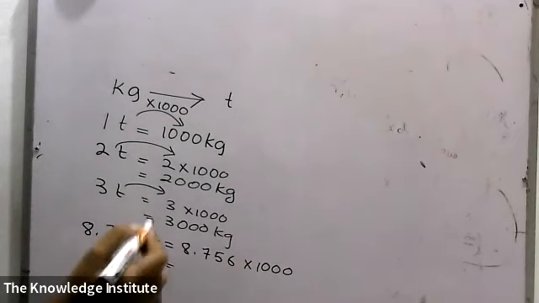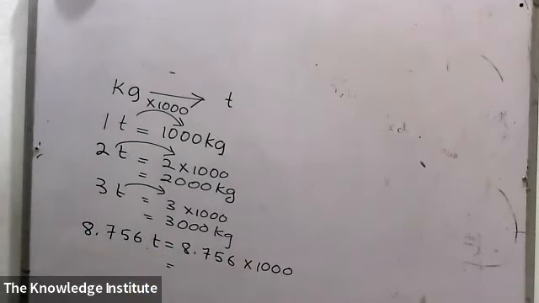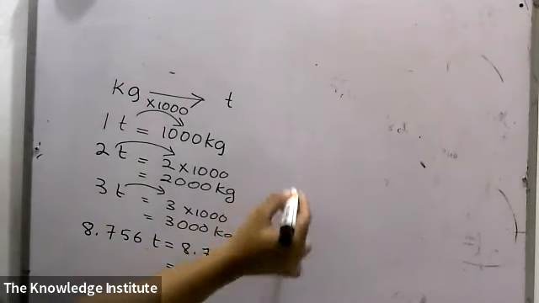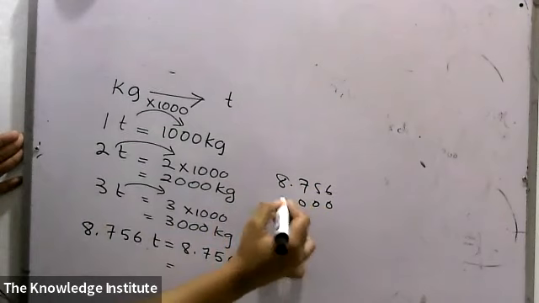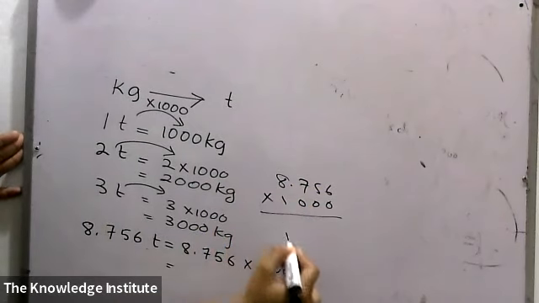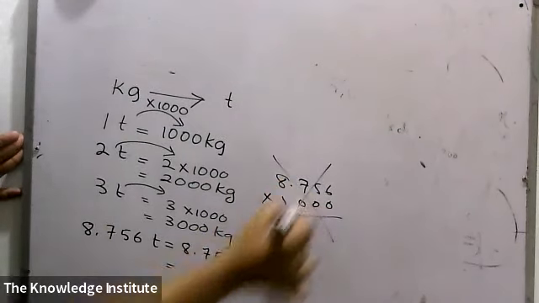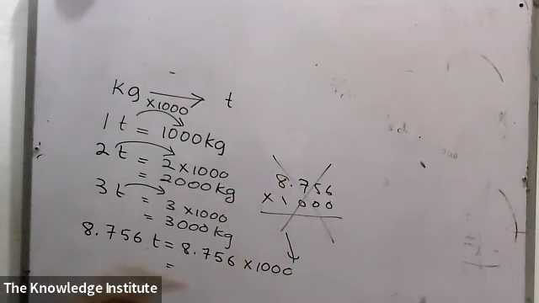Now tell me, how will you convert? Always remember, will you multiply like this and waste time? No, you don't have to do that. Tell me how many zeros you have in 1000? 3 zeros, right?